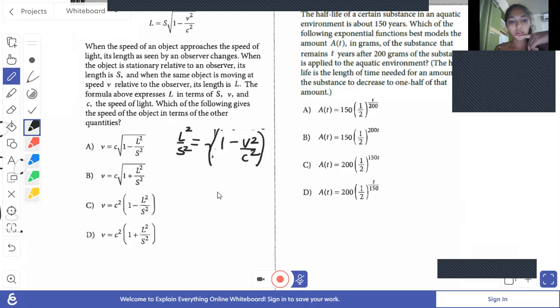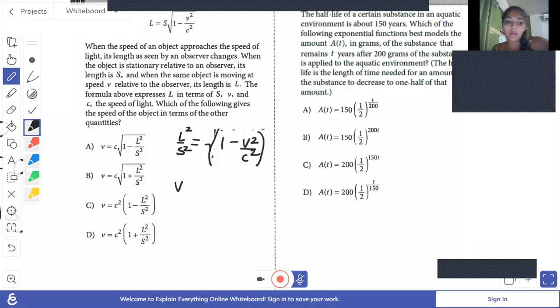And then I can multiply both sides by c squared. So wait, what I'm going to do now is bring v squared over c squared here, and then bring 1 minus L squared over s squared here.